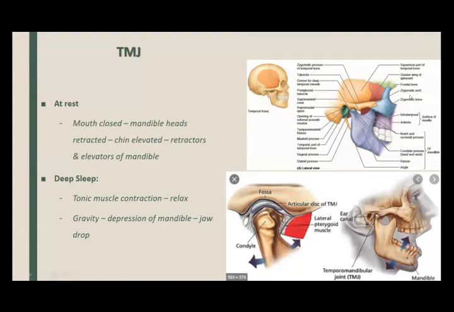When you go off to sleep, deep sleep, गहरी नींद सो रहे हैं. In that case, ये जो muscle tone है ना, ये जो elevators और retractors की जो muscle tone है, ये भी relax कर जाती है.